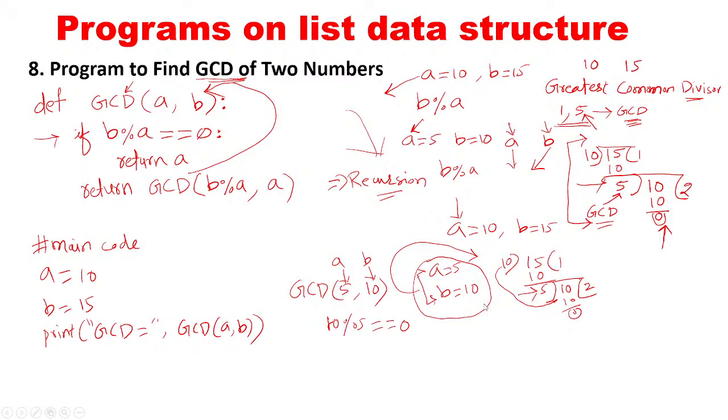What we did is we passed the smallest number as A and the biggest number as B, then we perform B mod A. We are dividing the biggest number by the smallest number.